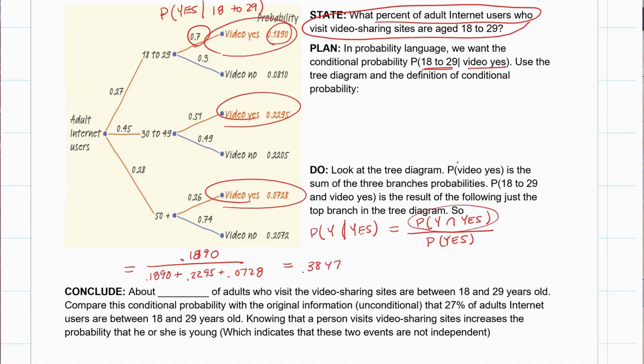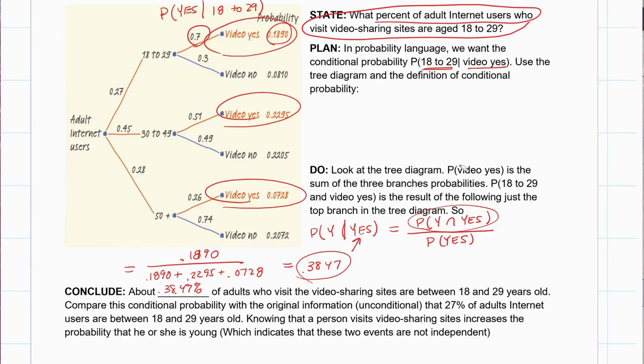So again, the idea is here's a randomly selected person. I tell you that they share video, and you say, well, there's about a 38% chance that they're young. Let me change it to a percentage.